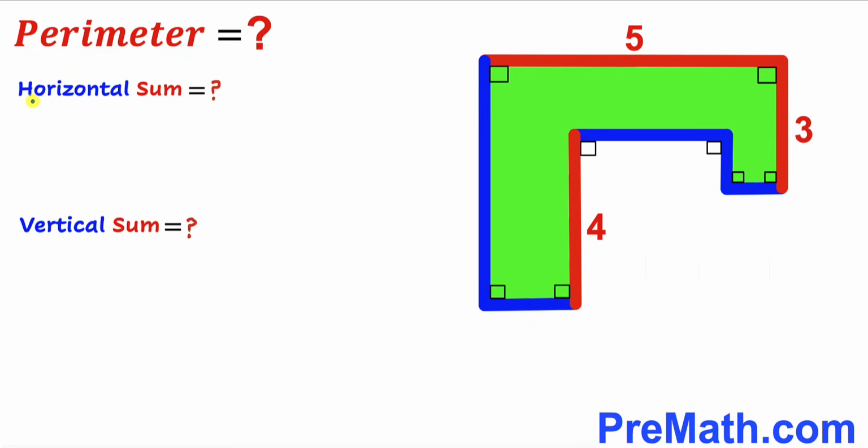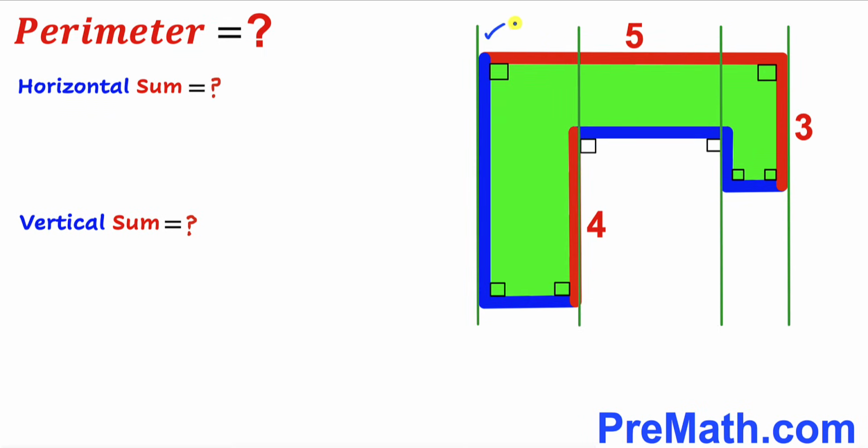Now let's calculate the horizontal segment lengths first. First of all, we can see that this top horizontal segment length is 5 units. In this next step, I have dropped these vertical lines, and now let's make an observation.